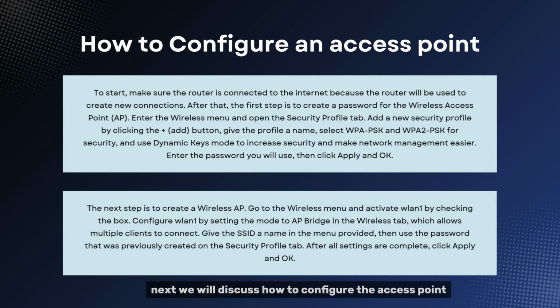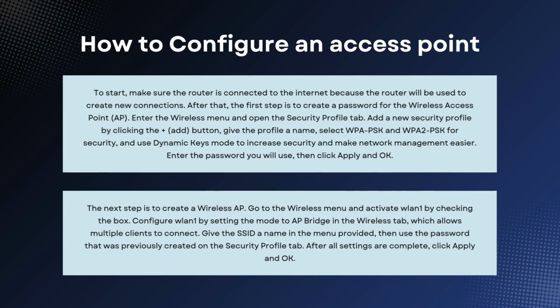Next, we will discuss how to configure the access point. To start, make sure the router is connected to the internet because the router will be used to create a new connection. After that, the first step is to create a password for the wireless access point. Enter the wireless menu and open the security profile tab.